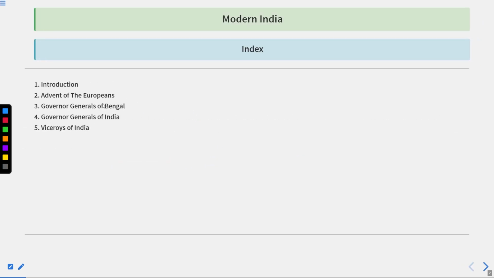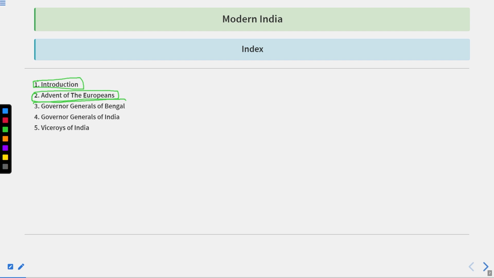So when we talk about the modern India, these are the topics that we have scheduled for the discussion. Starting with the introduction, like what is the introduction of modern India, and the facts and figures in the starting. Thereafter, advent of the Europeans.